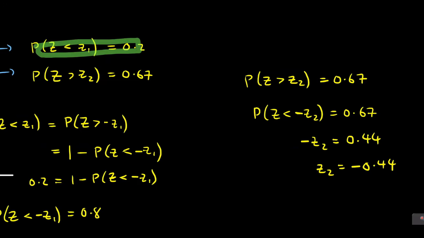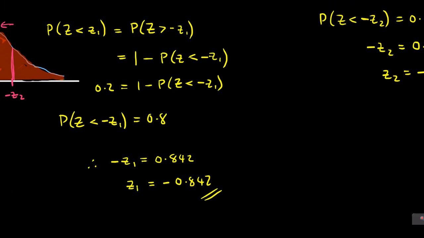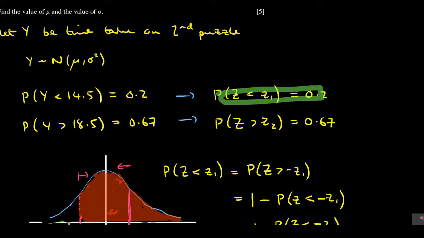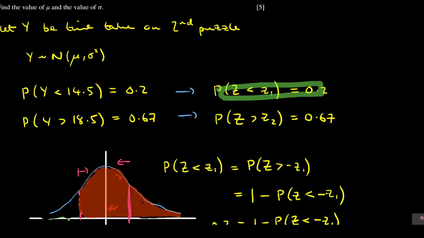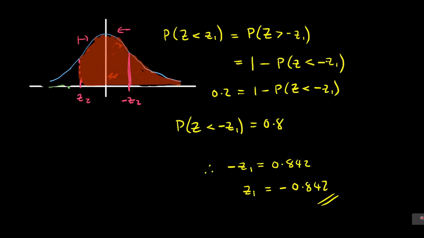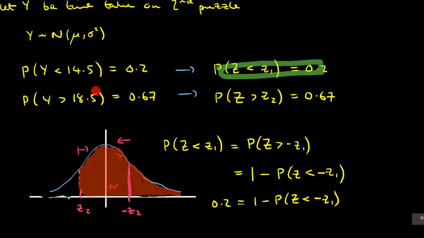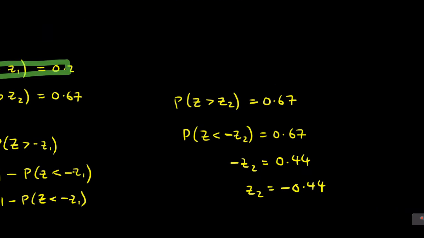Okay, so let's recap now. We've calculated our two Z values, and they correspond to these values here. Our 14.5 corresponds to a Z value of negative 0.842, and this value here, 18.5, corresponds to a Z value of negative 0.44.